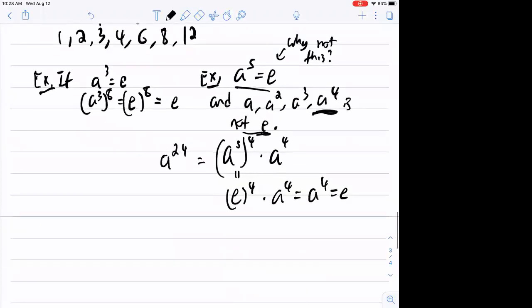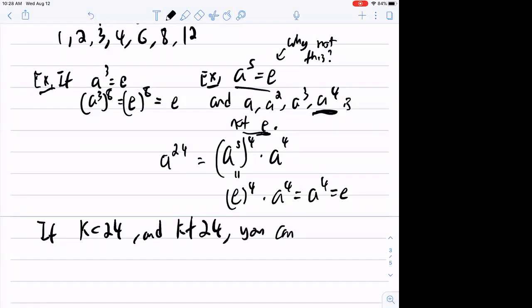So if k is less than 24 and k does not divide 24, you can long divide and get a remainder, right? Let's call it r. And you know the remainder is always smaller than your original number, right?